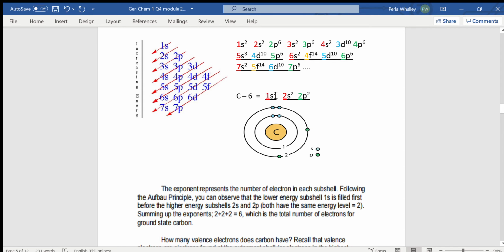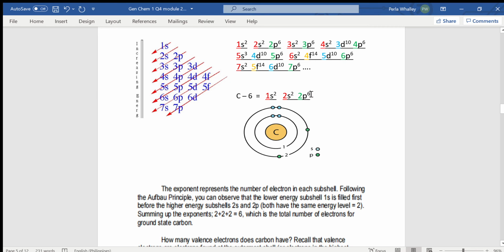We just copy here 1s2, 2s2, but 2p6, if we write 2p6 here, that will become 10.